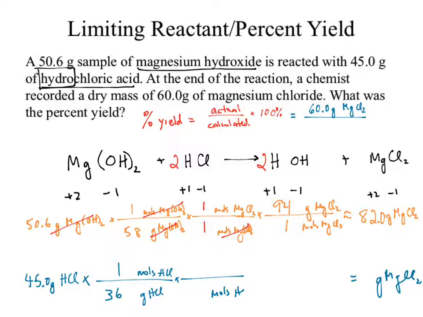I don't want that. What do I want instead? The moles of the magnesium chloride. What is the relationship between those? 2 moles of HCl equals 1 mole of magnesium chloride. It's literally the coefficients from the balanced equation.